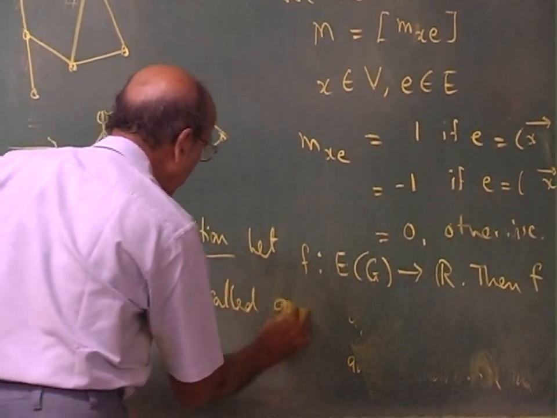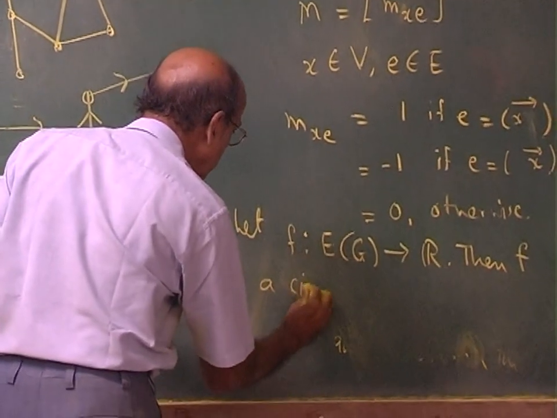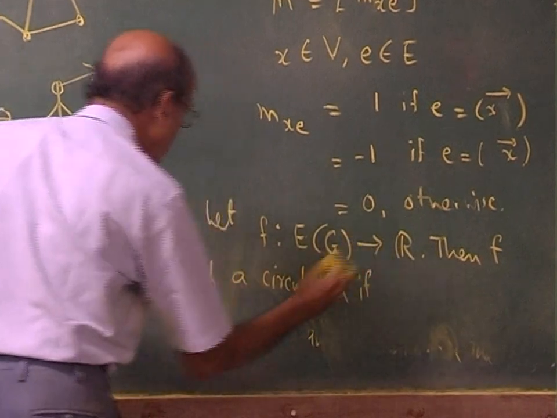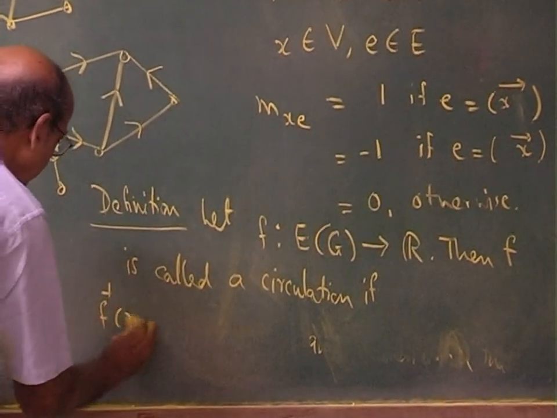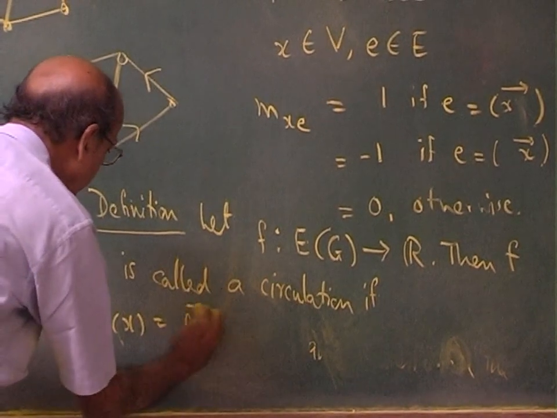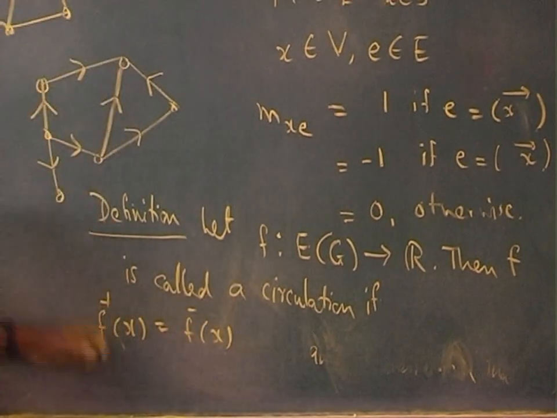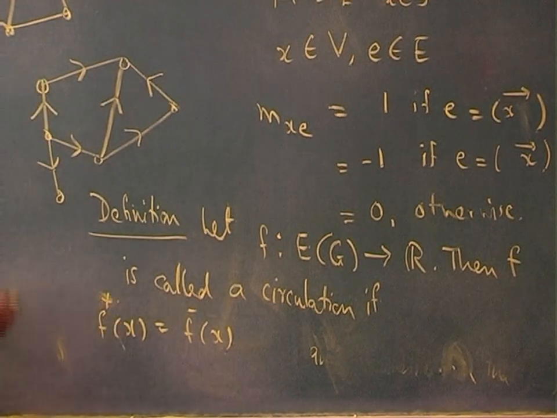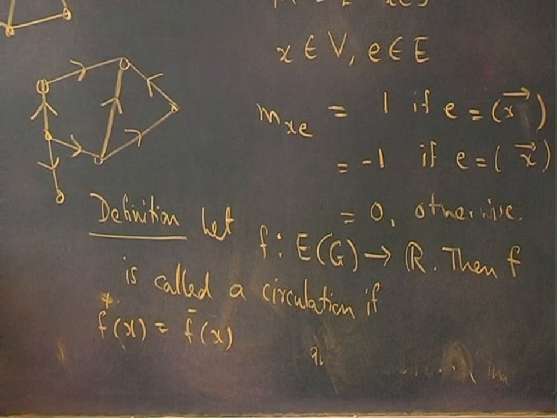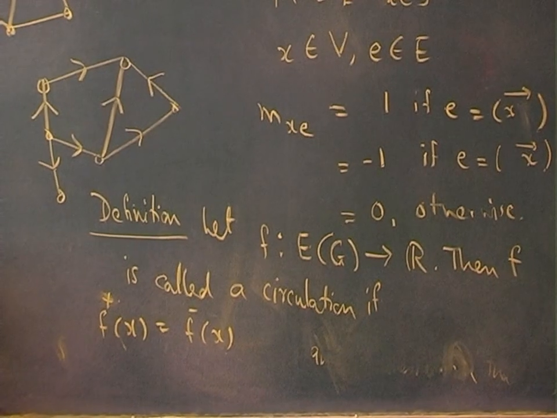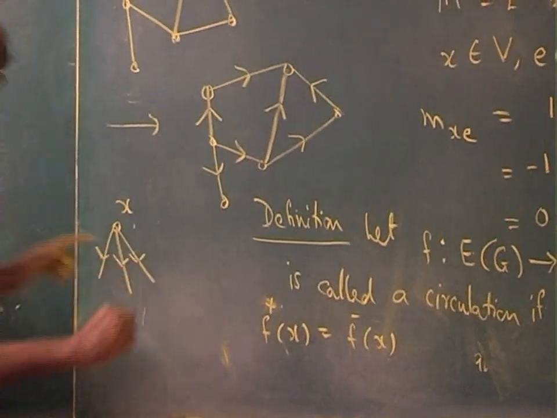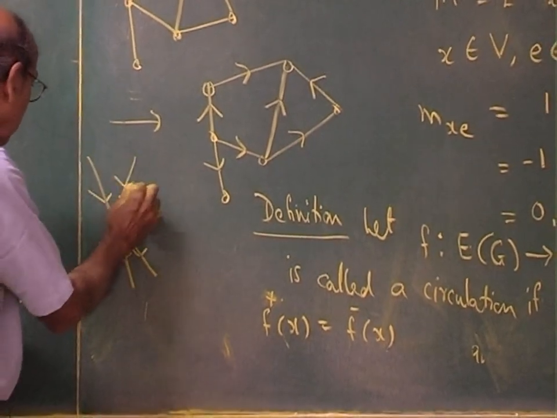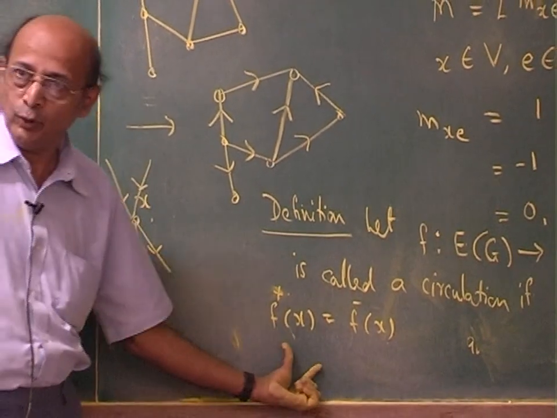F is called a circulation. Okay, I have to explain what this means. F plus x means, look at what I'm going to do: there will be edges at x that are going out. There will be some edges at x that are coming in. So this is for the going out thing.